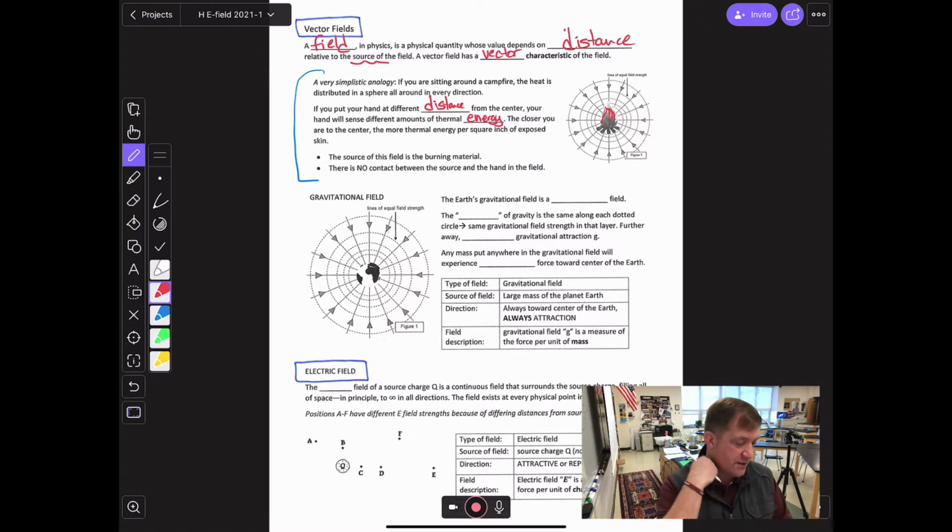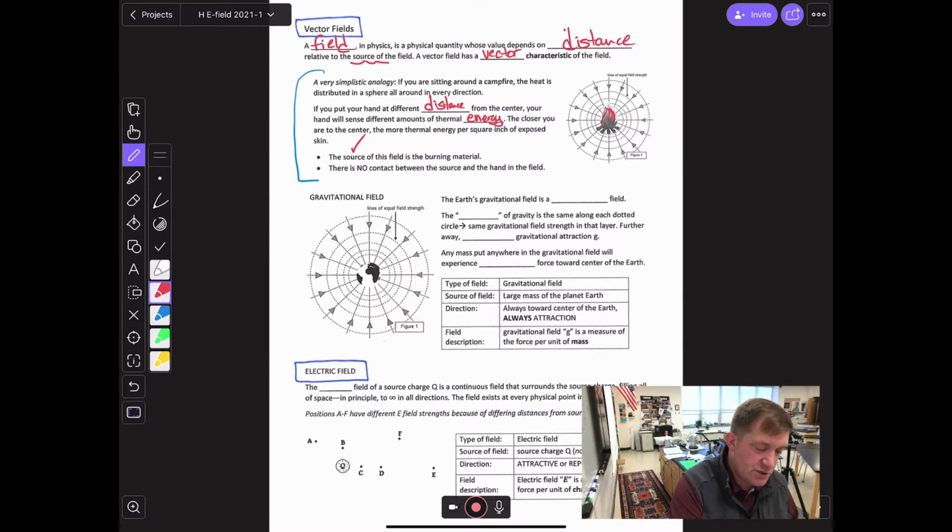The source of the field is, of course, whatever's burning. Maybe it's wood, maybe it's coal, or maybe it's one of those gas fireplaces that are out on patios these days. So there has to be a source. And in order for it to be considered a field, there has to be no direct contact between the source and the recipient, the thing that's detecting the source.